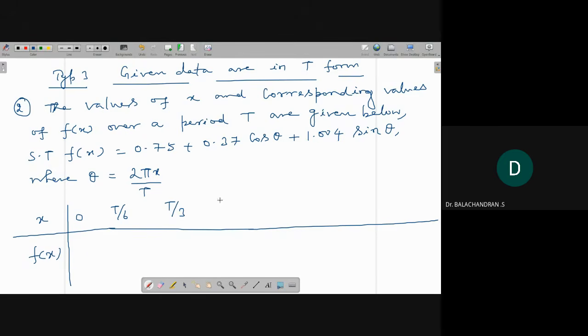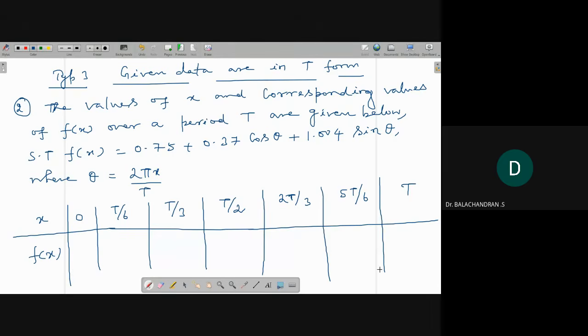Here in this column, the values are in T. 1.98, 1.30, 1.05.